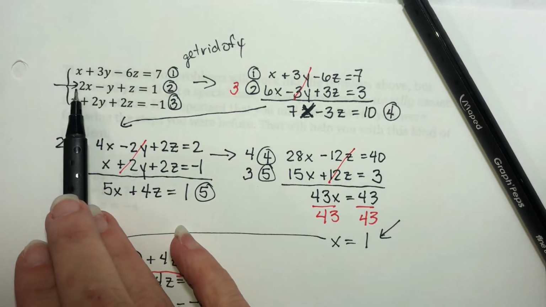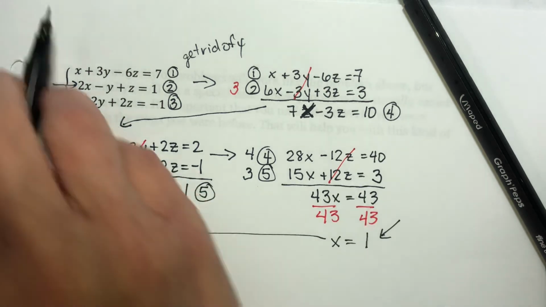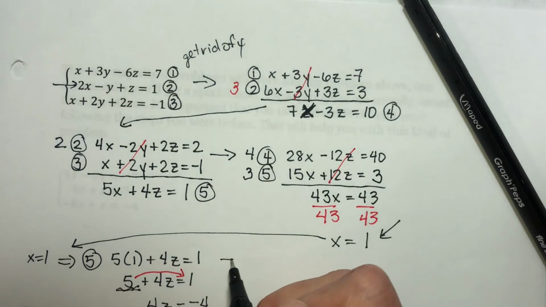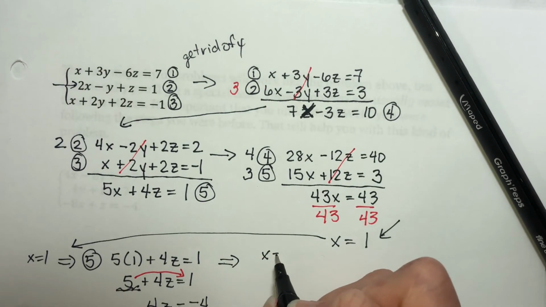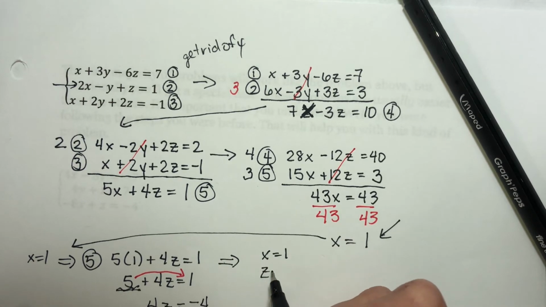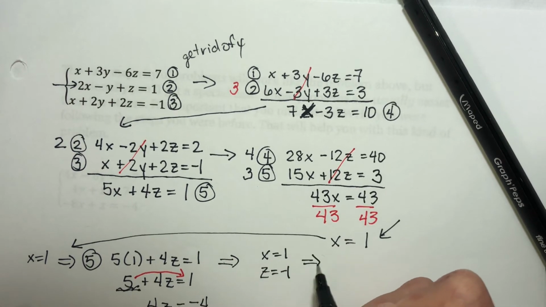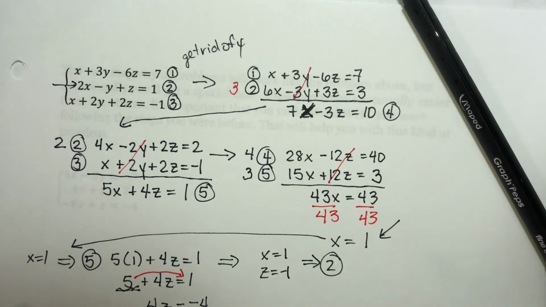It's pretty easy on any of them. Okay, so I'm choosing to plug in x equal to 1 and z equal to negative 1. I'm going to plug this into equation number 2.